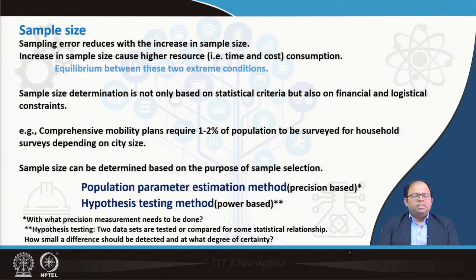In the comprehensive mobility plan lecture, we discussed earlier that in the Indian condition, because our cities are pretty dense, around 1 to 2% of the population can be surveyed for household surveys, such as a travel diary survey. But in general, our rule of thumb is that for a smaller population or a subgroup of a population, we can stick to around 10% of the total population, and that is good enough, provided it doesn't exceed around 1,000 samples or so.